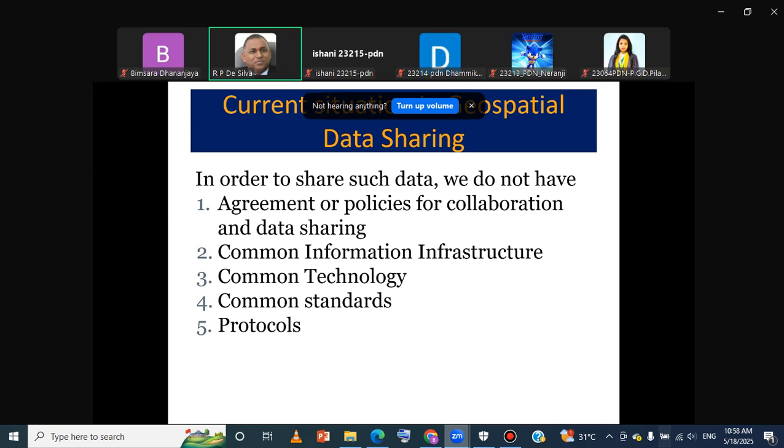Now, if you look at the communication infrastructure, globally we have two types of platforms.